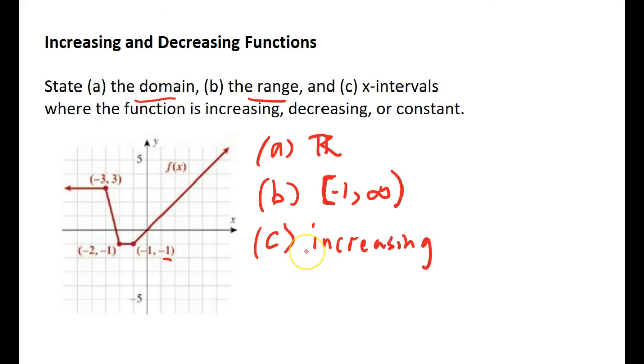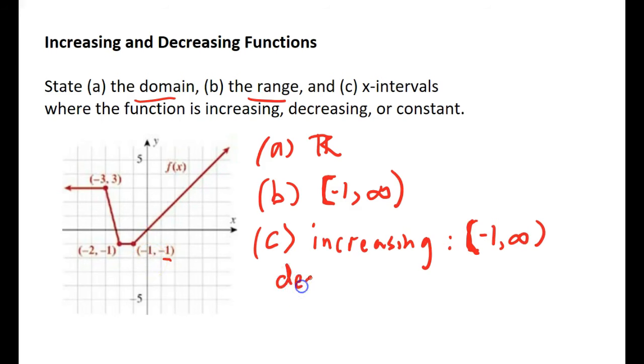You read graphs from left to right. So as I'm going from left to right, it's not increasing. It's actually decreasing there. It's not. Okay, now it's increasing. It's increasing from x equals -1 to infinity. So I'll put a parenthesis there, -1 to infinity, because at -1 it's neither increasing nor decreasing, so we'll just put a parenthesis.